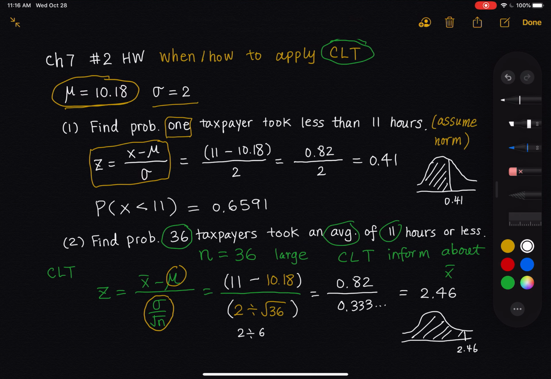And it also implies that a big area is to the left of it. So if you say the probability that the mean of 36 individual taxpayers will take less than 11 hours, you look up the z-table. You look for the row of 2.4, and you look for the column of 0.06. You should get the number 0.9931.